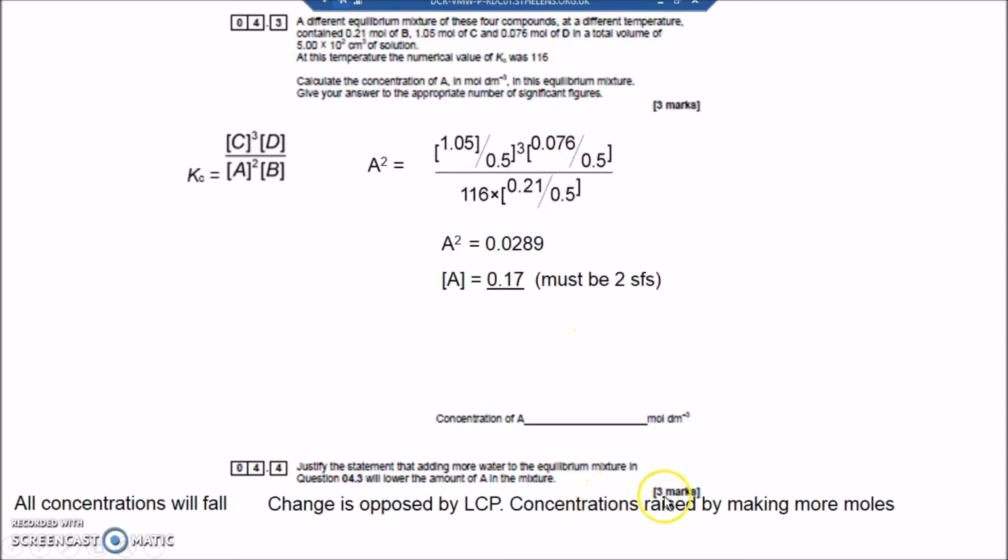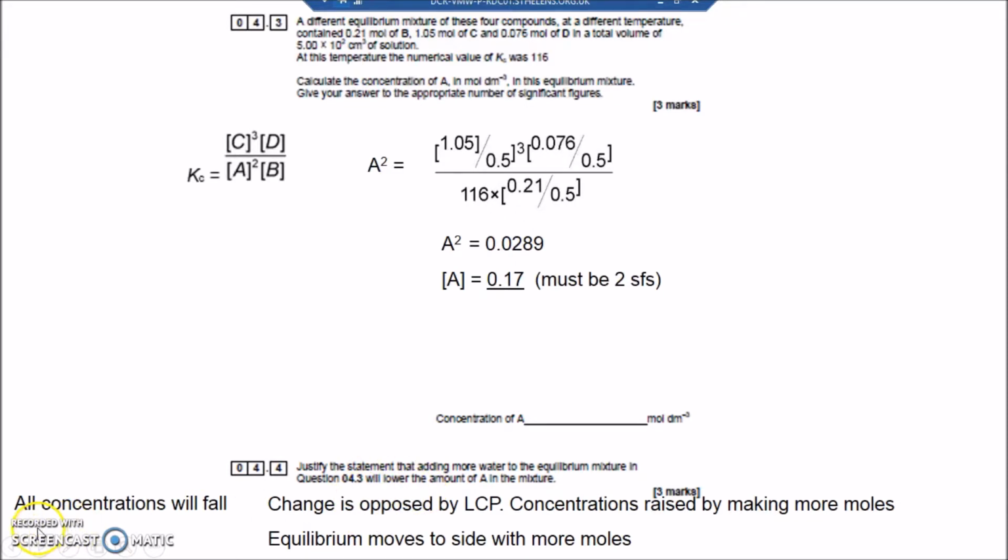So concentration needs to be raised by making more moles, so it shifts to the right hand side, because the right hand side has more moles, and the concentrations have been lowered by the addition of water.